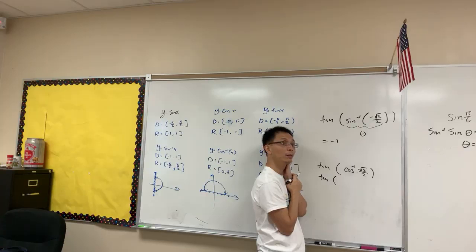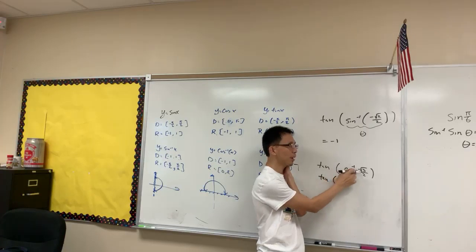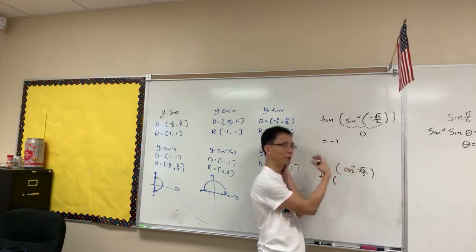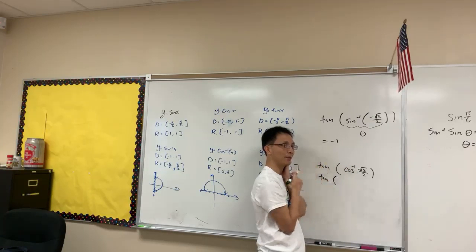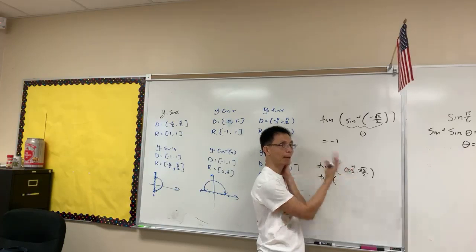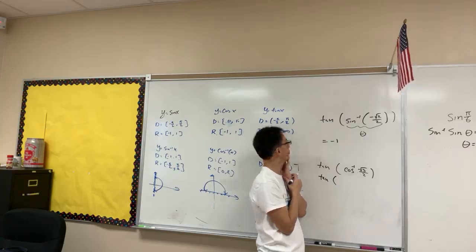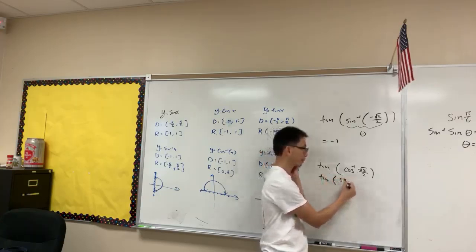Pi over 6 is the reference, but it's negative, so you want to go to negative x, on the other side, using the reference triangle. If it was pi over 6, it would be here. There you go. Then cosine x.